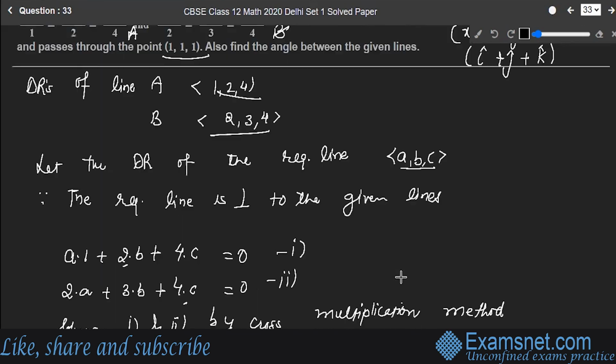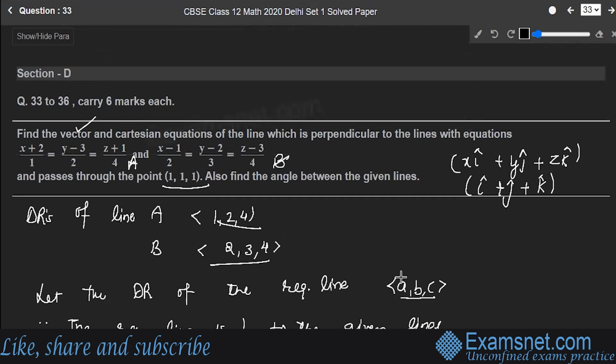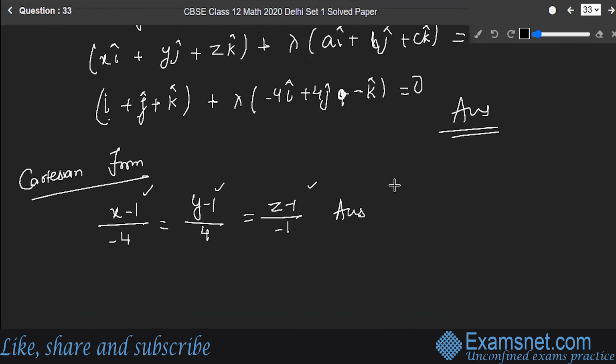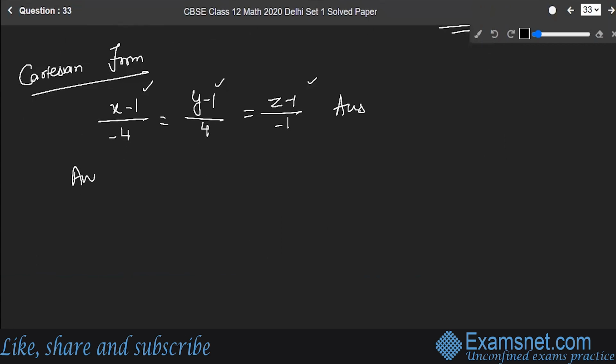Second answer. Third answer. Now we also have to find out the angle between the given lines. Okay, let's go for that. The angle between the lines will be given by cos theta. I'm writing the formula first.